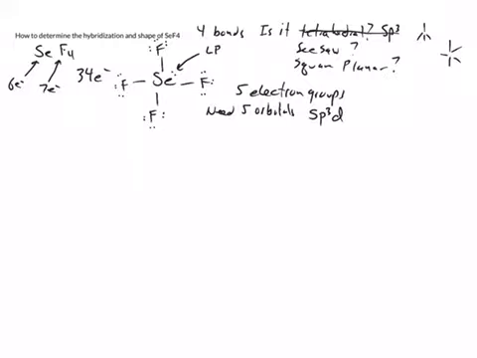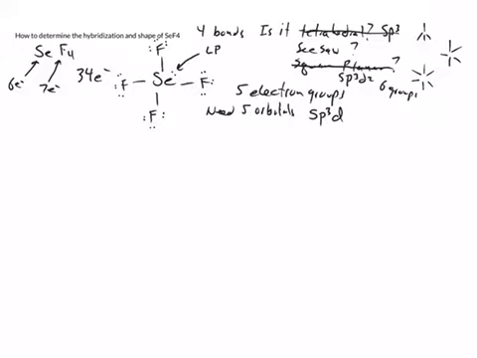Square planar originally comes from octahedral, and you have your lone pairs on top and bottom. So it's not going to be square planar, because that requires sp3d2, or 6 groups. So the answer is going to be seesaw, which comes from trigonal bipyramidal.